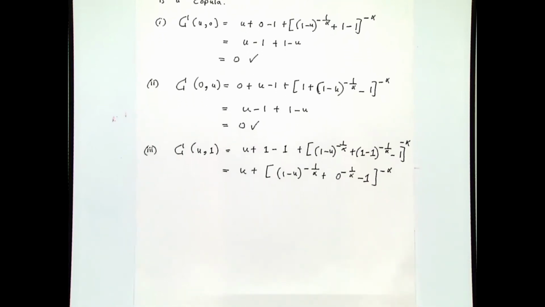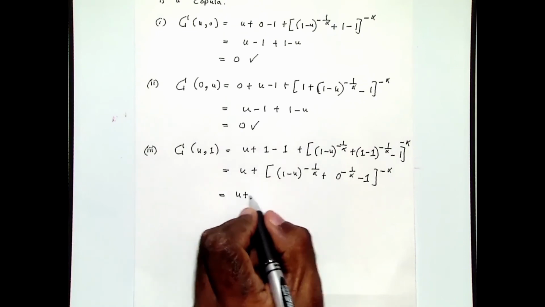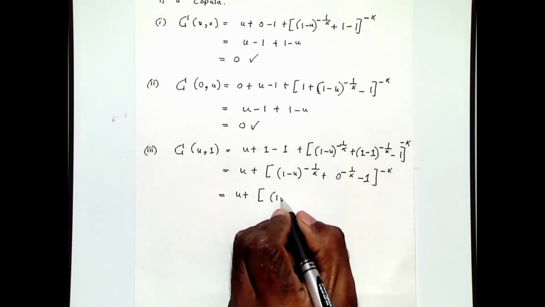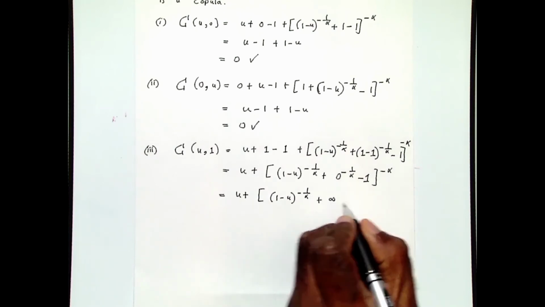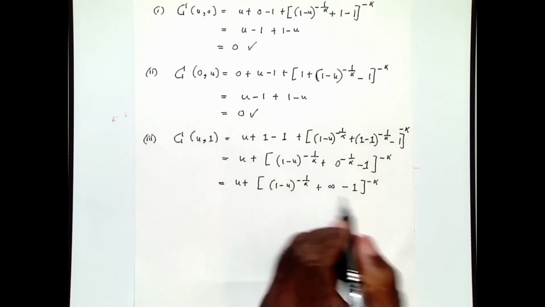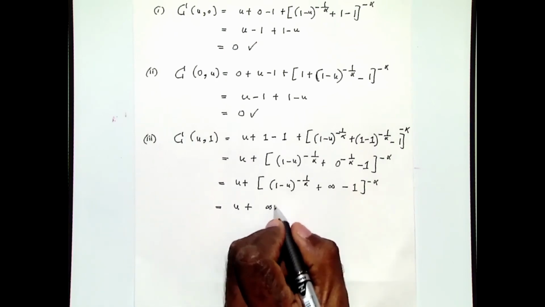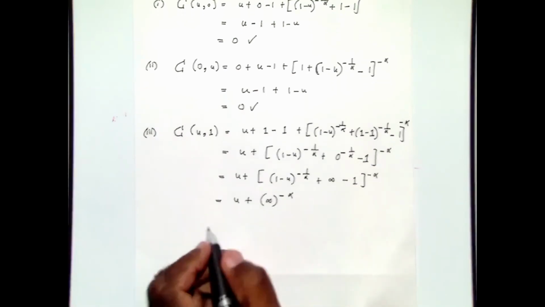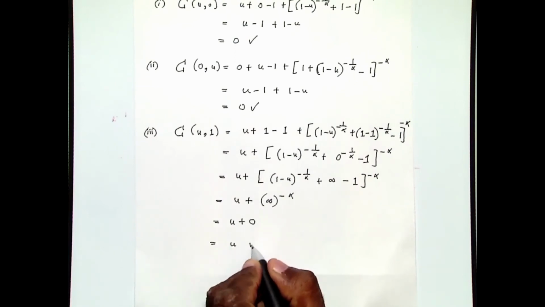Now 0 to the negative power is infinity, so this becomes u plus infinity minus 1. Now infinity plus a constant is infinity, so this is u plus infinity to a negative power. And infinity to a negative power is 0, so it's u plus 0, which is u. So condition 3 is satisfied.